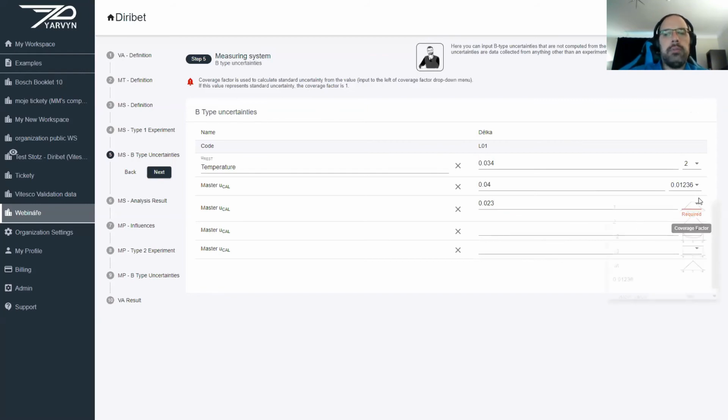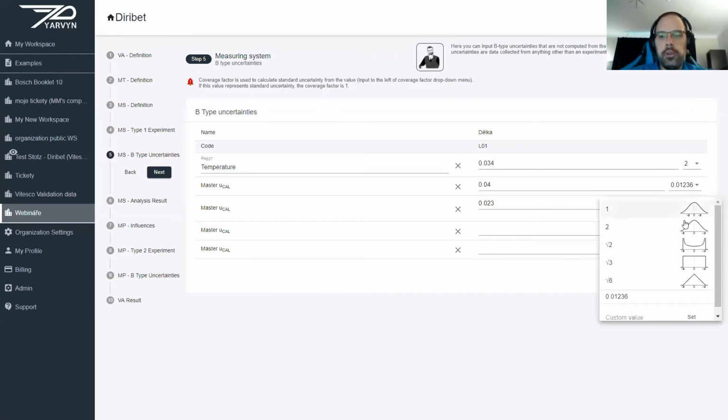And we have the most common distributions: U distribution, coverage factor square root of 2; uniform distribution, coverage factor square root of 3; and triangular distribution, coverage factor square root of 6. So this is how you can fill in the B-type uncertainties. Always some value and coverage factor. And the coverage factor depends on what the value represents: uncertainties or some kind of error that is caused by this specific effect.